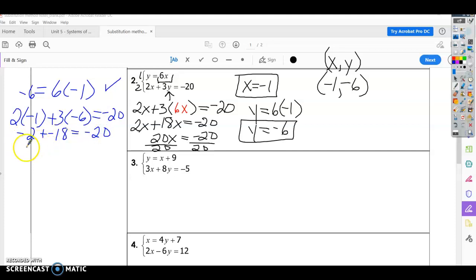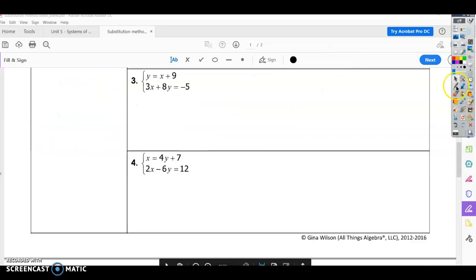And if I add 2 negatives, it becomes a bigger negative. So negative 20 equals negative 20. That works as well. So my ordered pair, or my solution to this system, is negative 1, negative 6. So that point lies on both equations, and it is the intersection of the two equations.